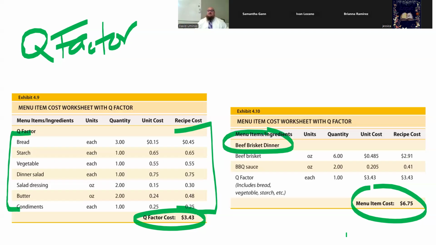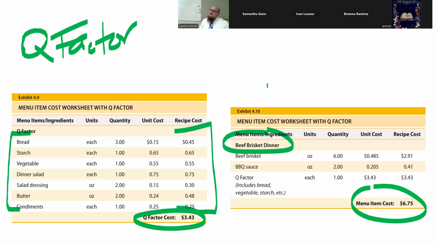The salad comes included, and the rolls come, right? You don't even have to ask for them. So all the cost of that is built into the cost of your entree. If you're smart about costing things out, you should do that.